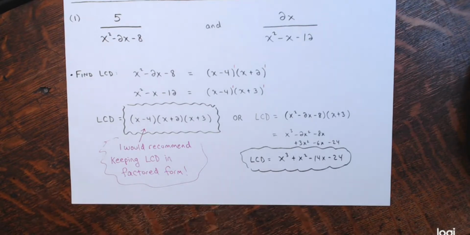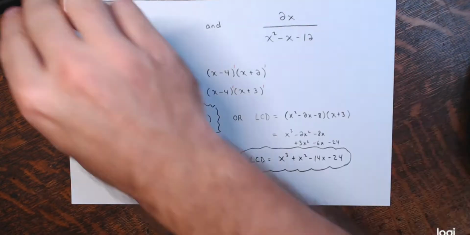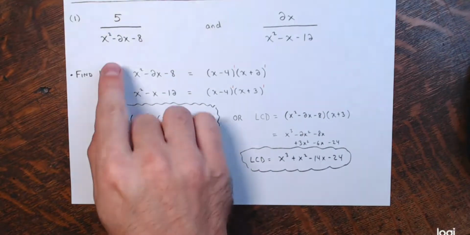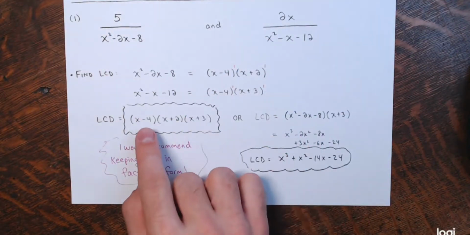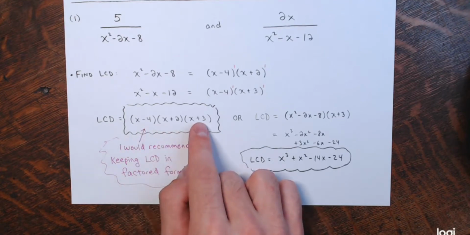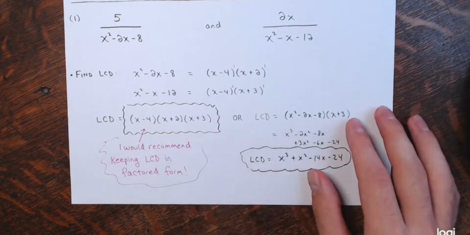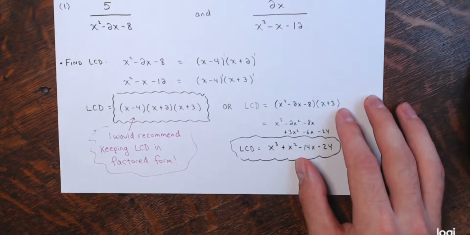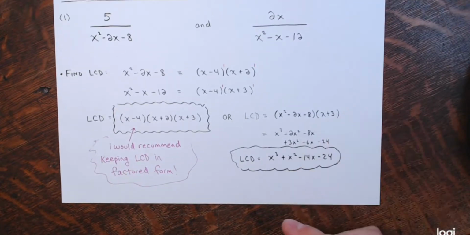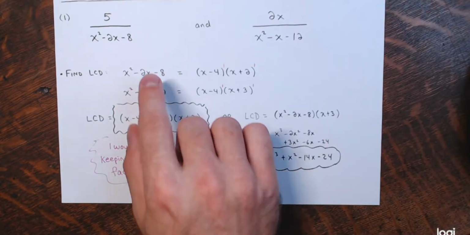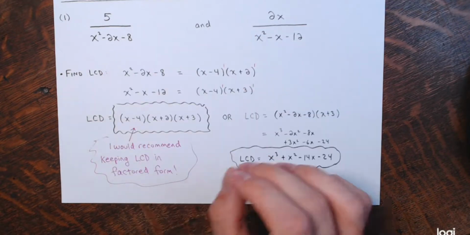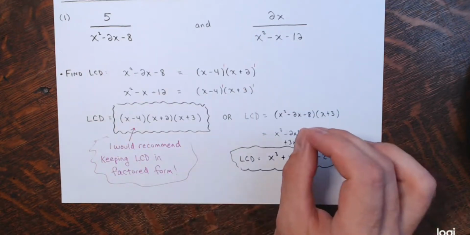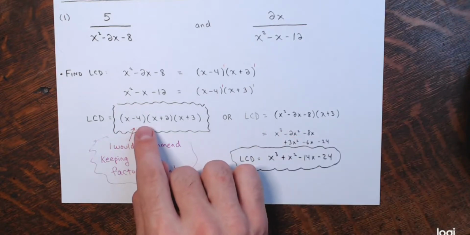Alright. So that was part 1. Part 1 was find the least common denominator for these two fractions. And that's this polynomial here, x minus 4 times x plus 2 times x plus 3. Next we are asked to rewrite each of these fractions as another fraction, an equal fraction, with this denominator.